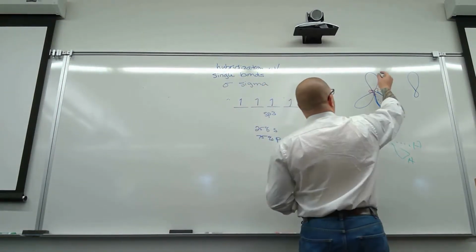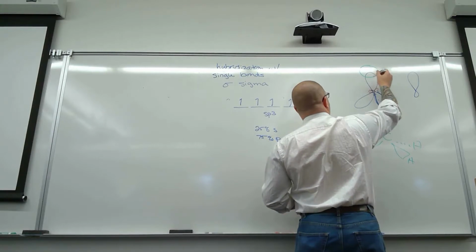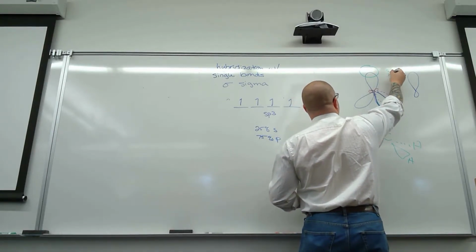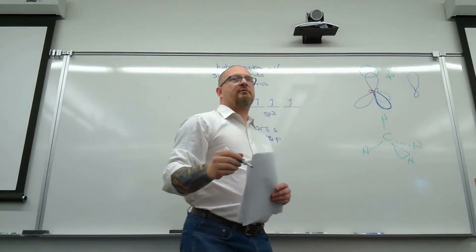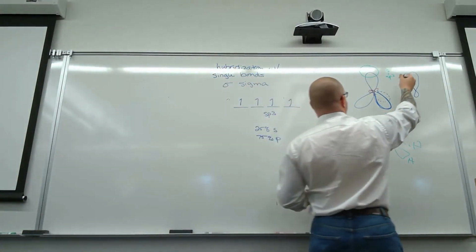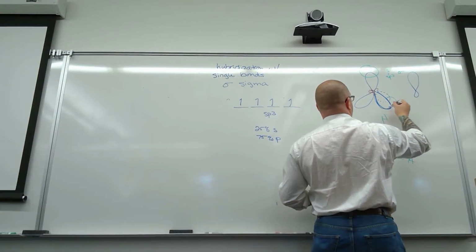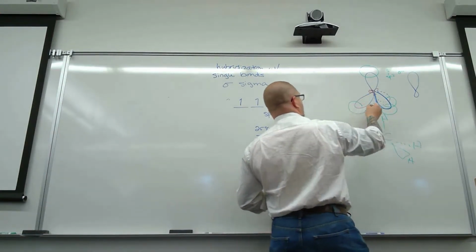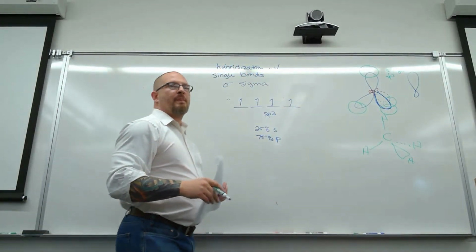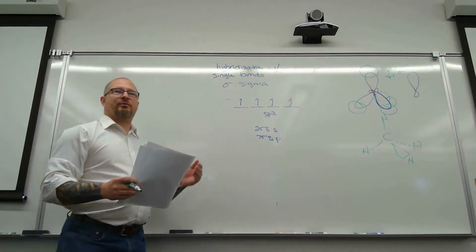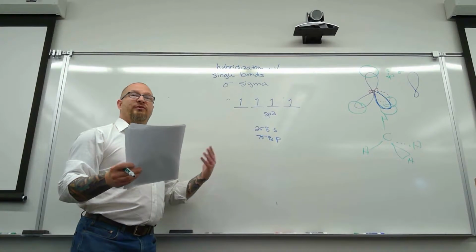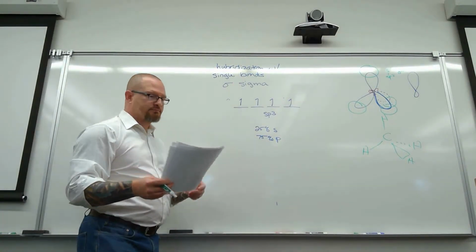Doesn't need to. So we'll have an s to sp3 orbital sigma bond, and we'll have 4 of those. So this is hybrid orbital theory's explanatory power for why bonds form, well, single bonds, at least in the case of methane.